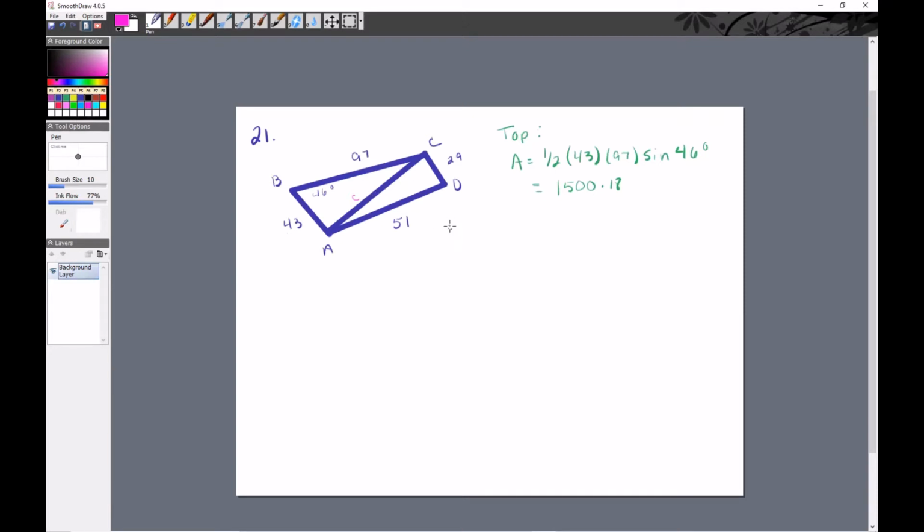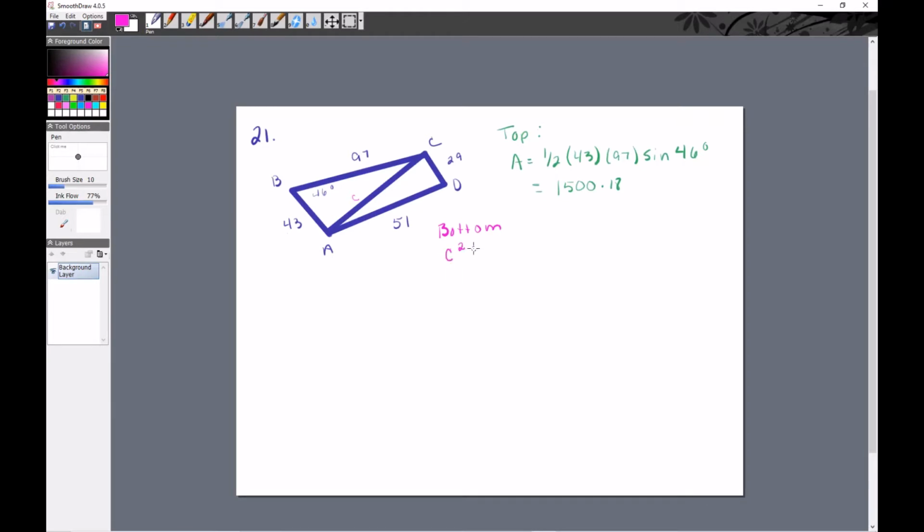So we'll start out with, we're working on the bottom, try to get that squared away. And since we don't have any angles here, we're going to have to get c from this top triangle, okay? So the way I'm going to do it is with the law of cosines.